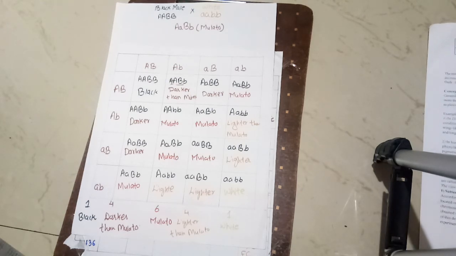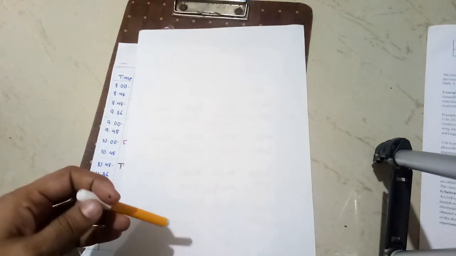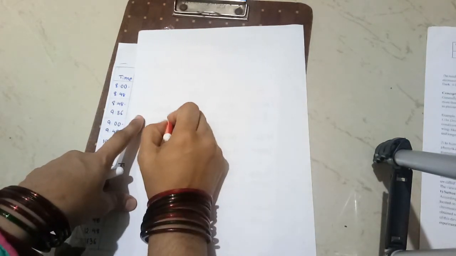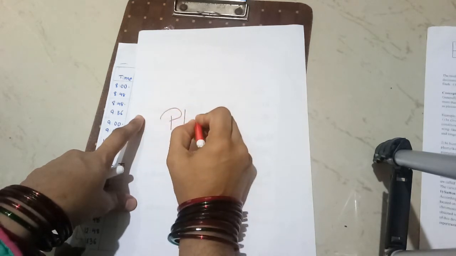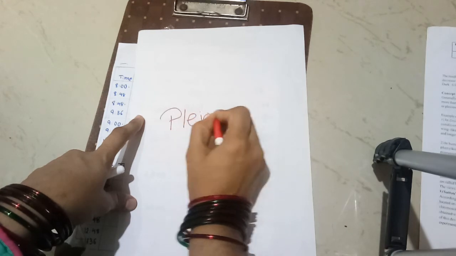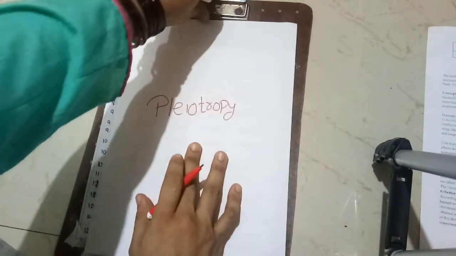That particular phenomenon is known as pleiotropy. I will turn the page and write the spelling of pleiotropy. Pleiotropy is another phenomenon, exactly the opposite of polygenic inheritance.